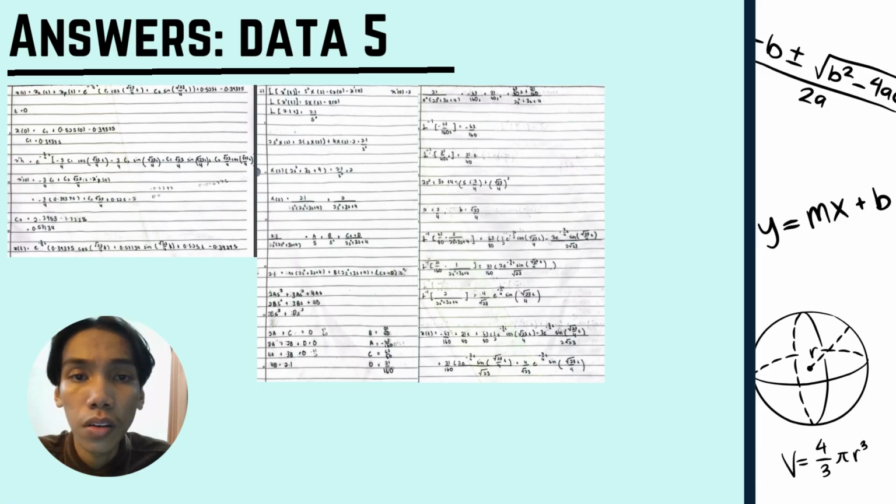For negative 63 over 160s, you will get negative 63 over 160. And for the Laplace inverse for 21 over 40s squared, you get 21 over 40t. After that, you put it back into the equation, and we get the a, which is 3 over 4, and the b, root 23 over 4.